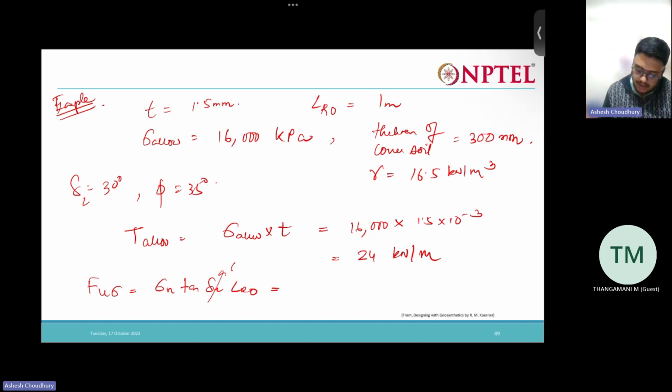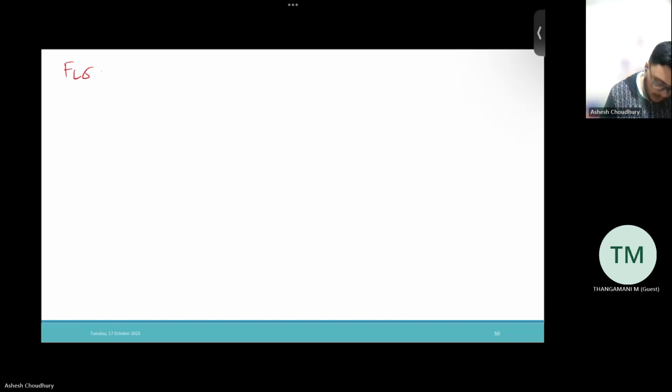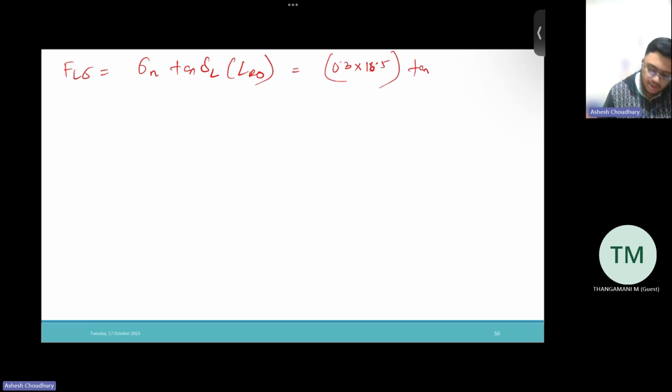That's why we are usually considering this as 0. Same as before, just without directly using the formula, we are writing all the terms separately. 0.3 into 16.5. This will be sigma n, normal stress. 16.5 is the unit weight, 0.3 is the thickness. And delta lower.